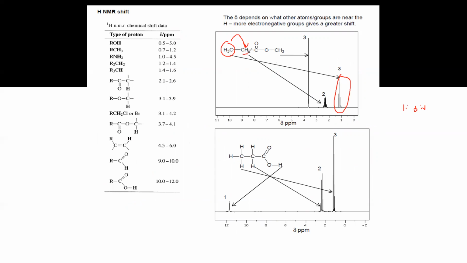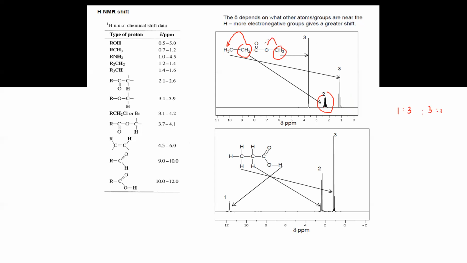For this CH2, the neighbors are 3. If neighbors are 3, it will be 3 plus 1, meaning 4 peaks. And what is the distribution of the quartet? 1 to 3 to 3 to 1, a comparative ratio. And for this CH3, there will be a singlet. Why is there a singlet?